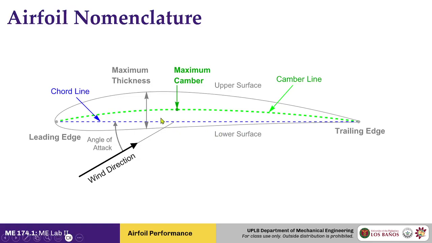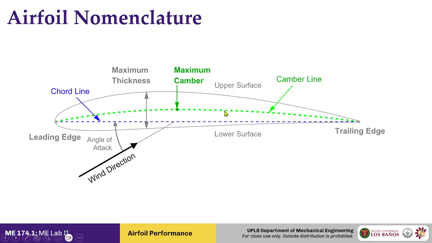Now, if you take a particular point on the upper surface and trace a line down to a point on the lower surface and get the midpoint, and you do that for every single slice of the airfoil, you get what we call the camber line. The camber line is an indication of how asymmetrical your airfoil really is.